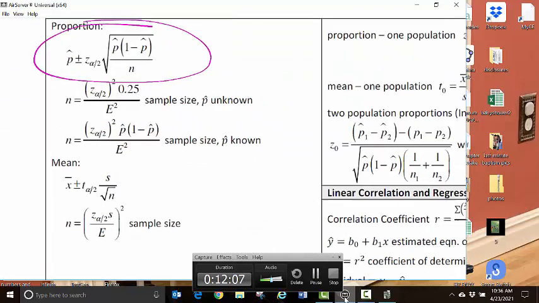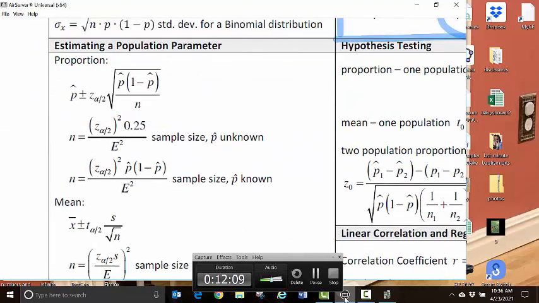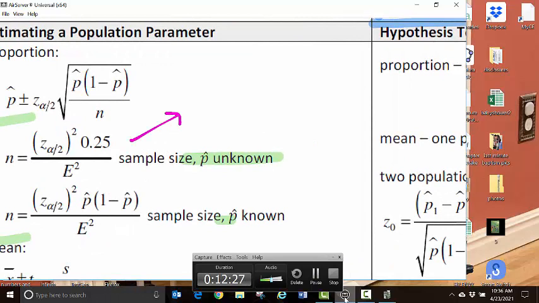Okay, it comes out right here. We're talking proportions, and it's going to be one of these two. Did they do a pilot or say we think that this is p hat? They did not. So we're going to do it where p hat is unknown. Okay. Now, this is the formula. When I gave it to you out of the book, it looked like this.